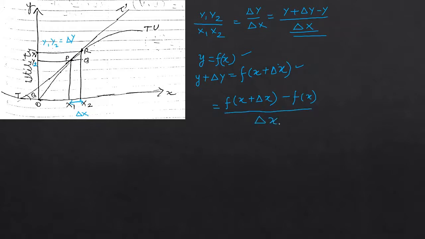upon delta x. Just see that this is nothing but the slope of line PR, because RQ is delta y and PR is delta x.